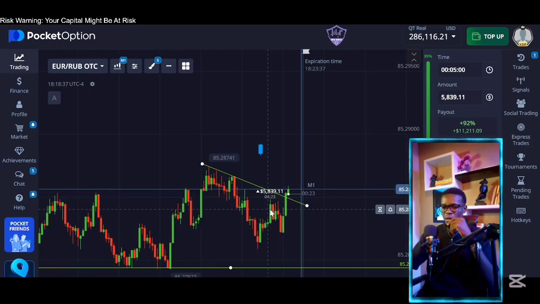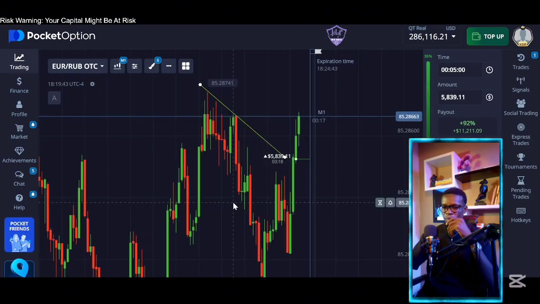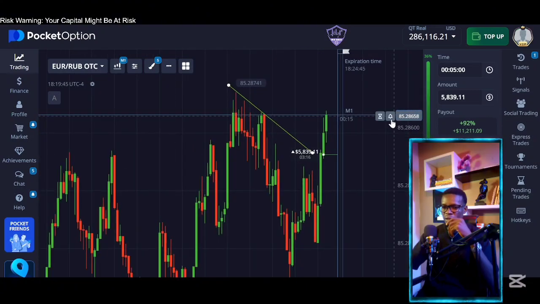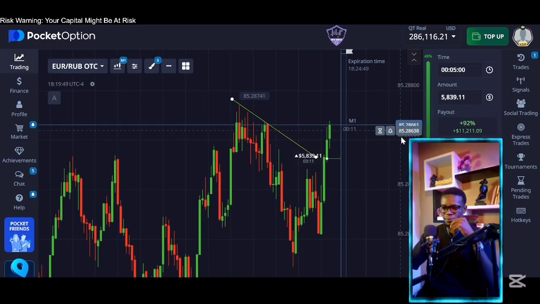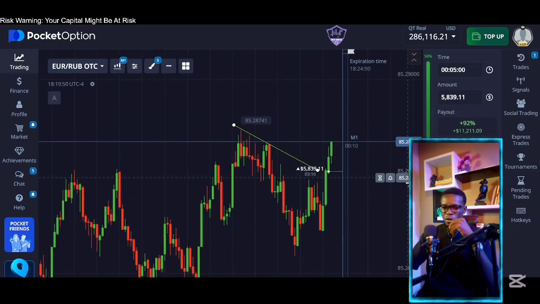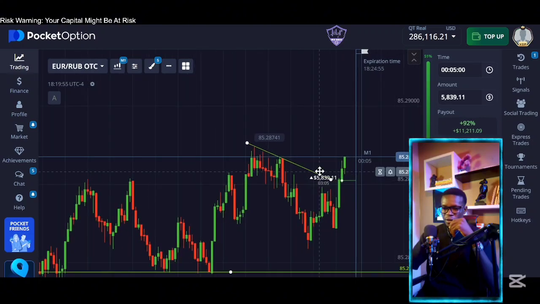So let me quickly walk you through what I saw that made me place this trade. As you can see, this right here is a very beautiful trade, I can assure you guys. So let me stretch the price a little bit and let me try to get this trend line correctly.